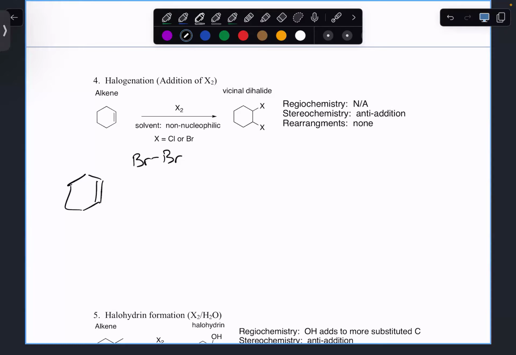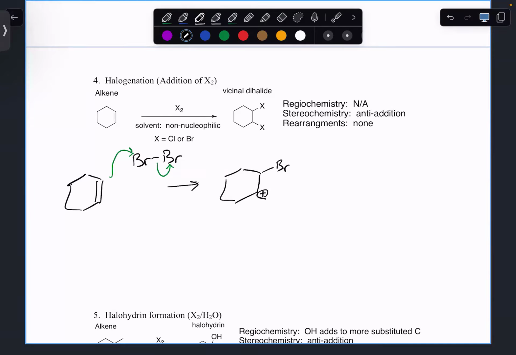And so the way this is going to work is the pi electrons are going to go out of that carbon, attack the bromine, and that is going to kick that bromine out. All right, so we're breaking the bromine-bromine bond. And so what that's going to result in is this carbon is going to now have the bromine on it, and that leaves that carbon electron deficient.